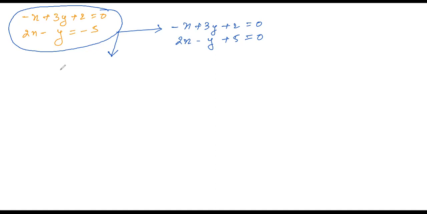Or I can go like this also: minus x plus 3y equals minus 2, and 2x minus y equals minus 5. Both the conditions are correct, and both can be utilized to solve our questions.